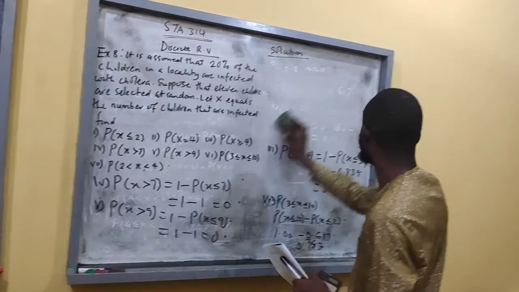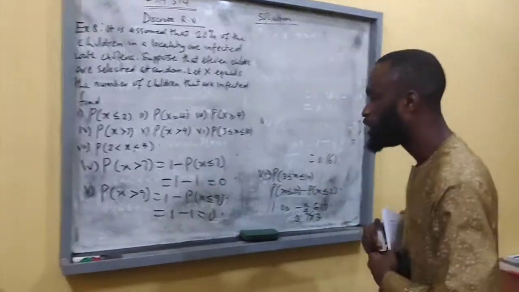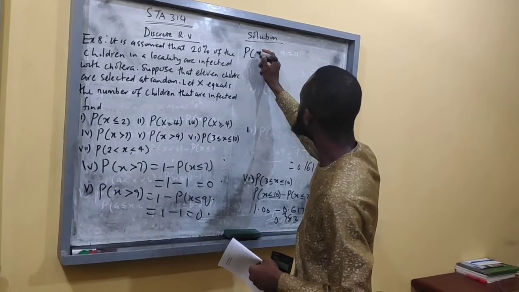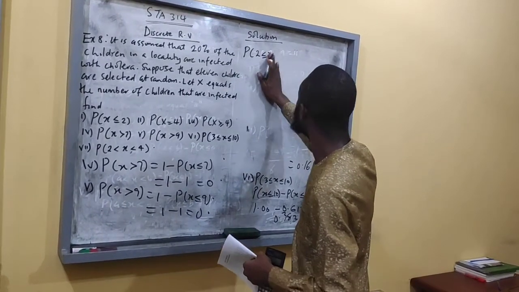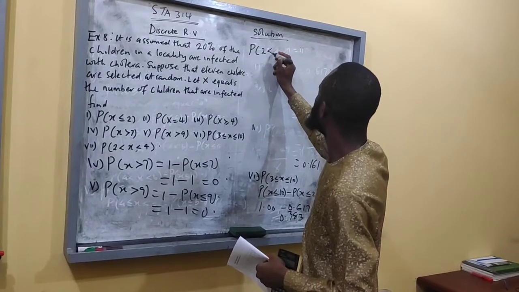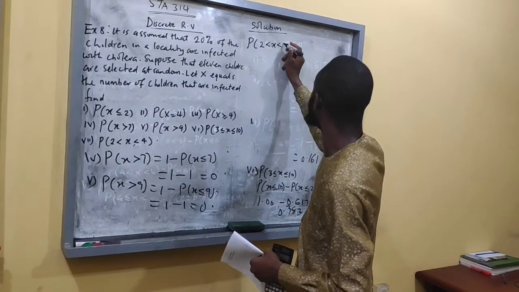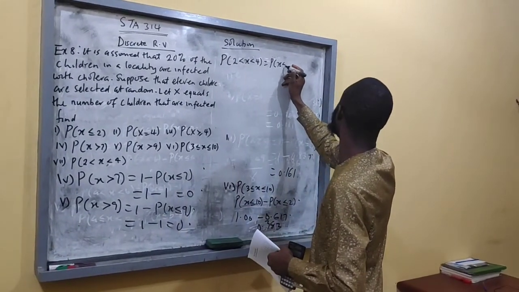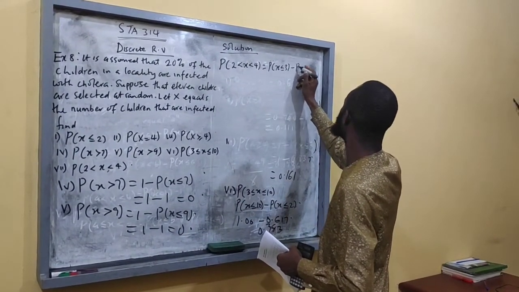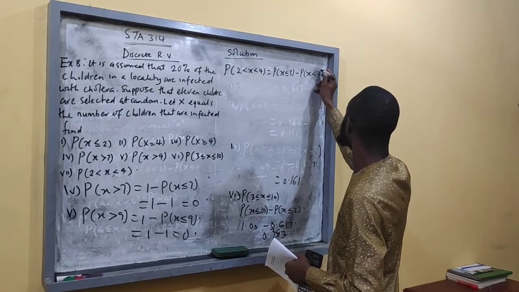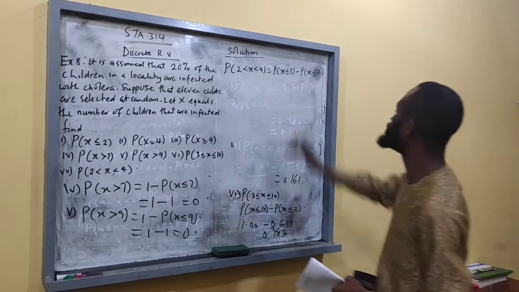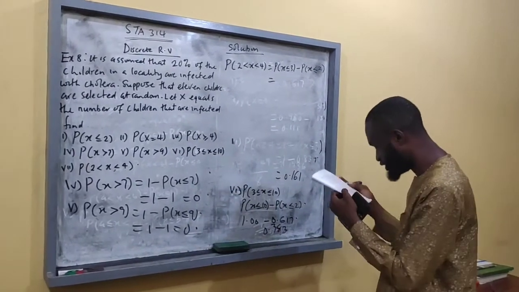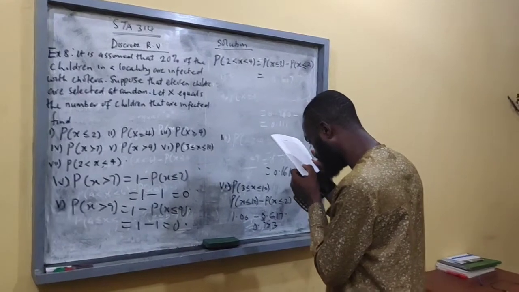Figure 7. And what is that? We have probability of 2 less than x less than 4. And this will be equals to probability of x less than or equals to 3 minus probability of x less than or equals to 2. That is what this one will give us. And if I check my table, we have checked for probability of x less than or equals to 3 before, but let me still confirm it.